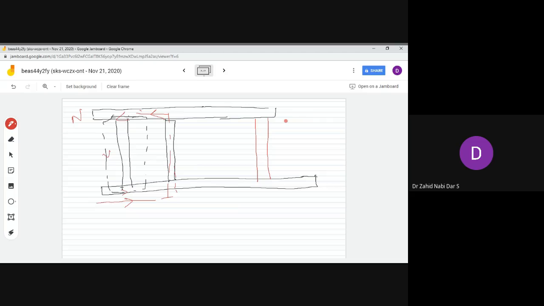So here the current was entering from this side, whereas here the current would leave from this side. So it is leaving from this side in the other scenario, whereas it is entering from top. So you see this for the south pole case, this for the north pole case.